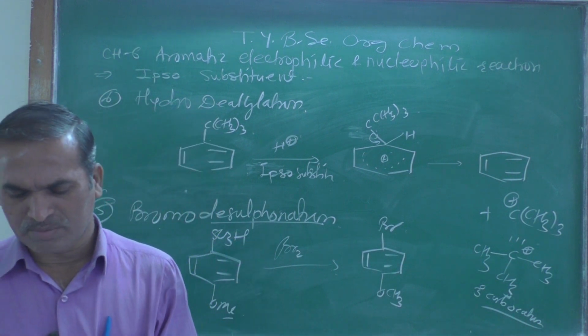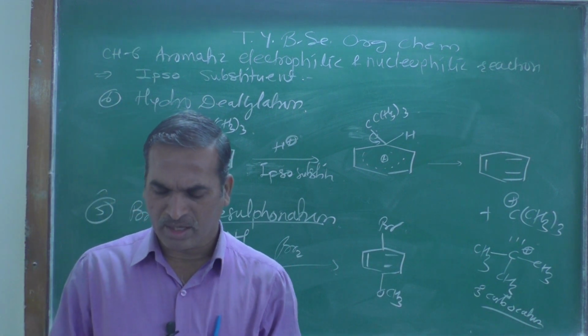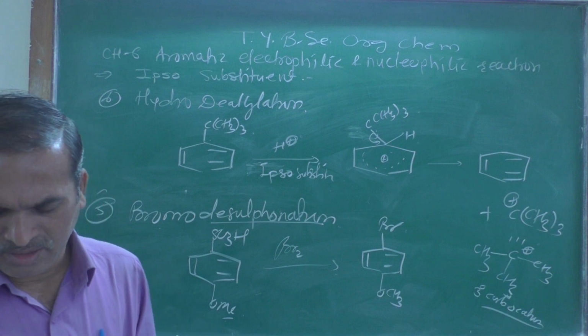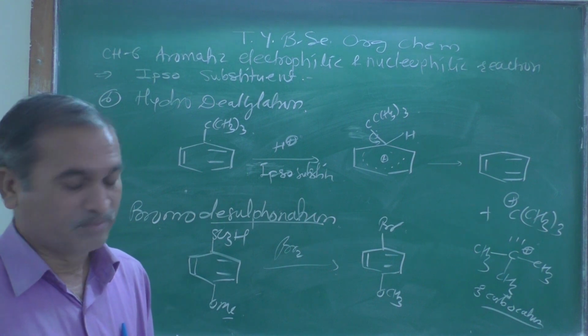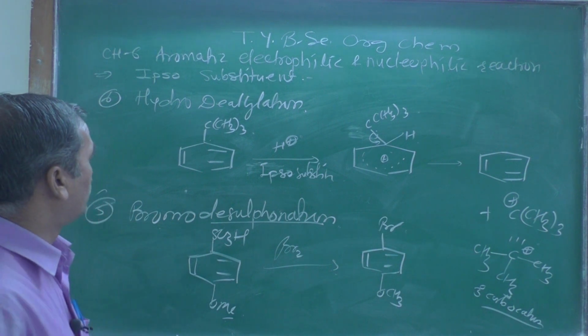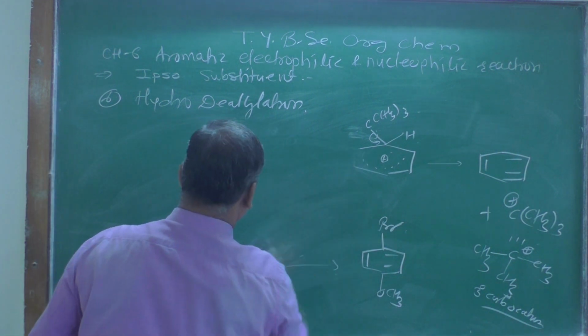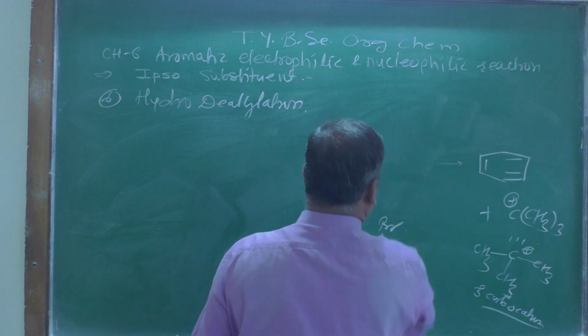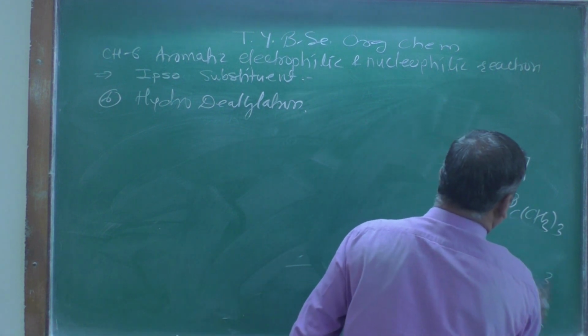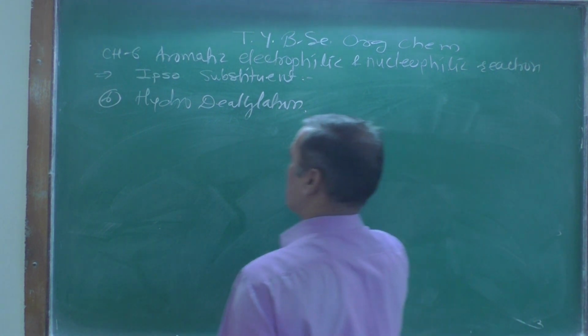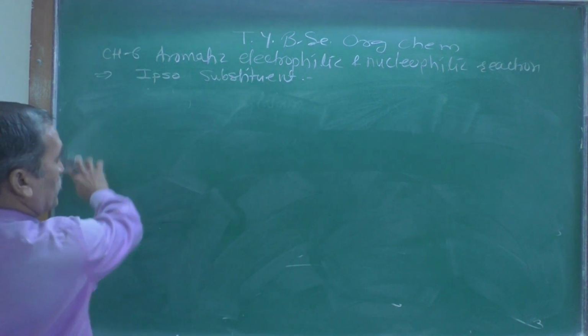How is this ipso attack taking place? Let us see the last example of this ipso substitution. Now how does the rearrangement occur over there? Let us see how the rearrangements occur in this particular ipso substitution.